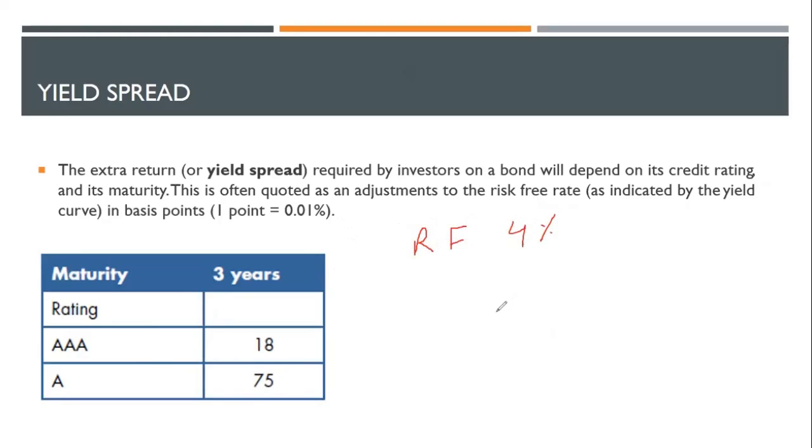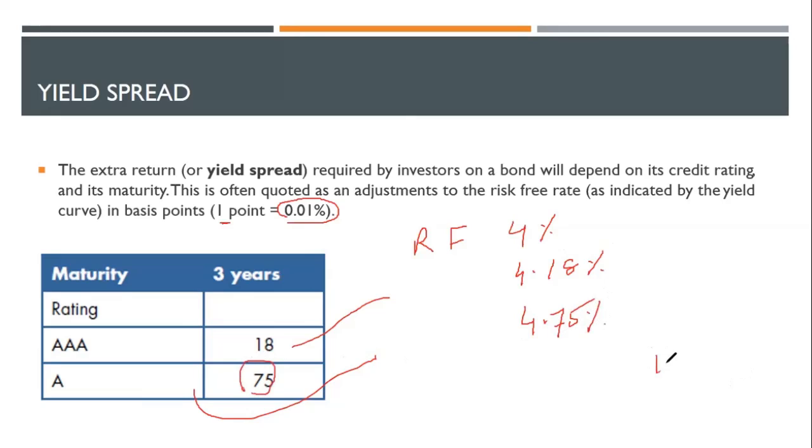If the risk-free rate is 4%, this bond will actually be giving 4.18%, 18 points. So actually 1 point is 0.01%. And if this company issues a bond, they should be doing it at 4.75%. We call it 18 basis points, 75 basis points.